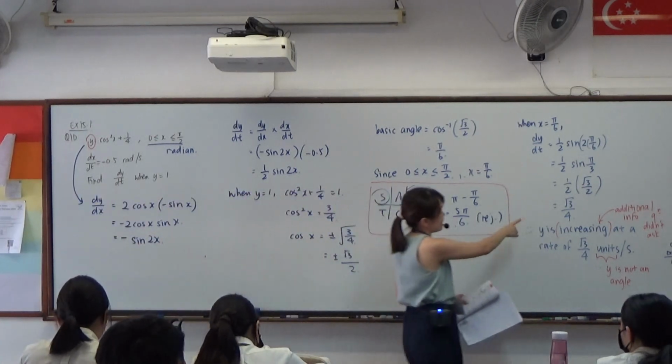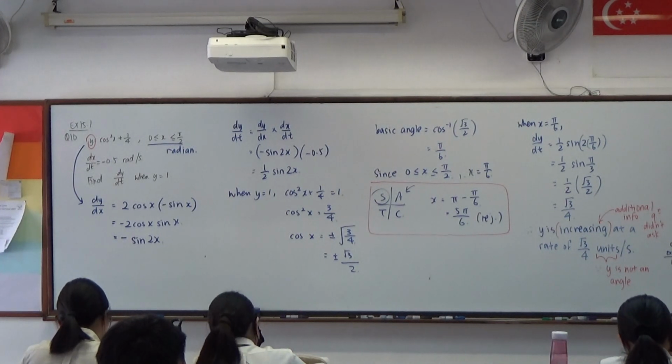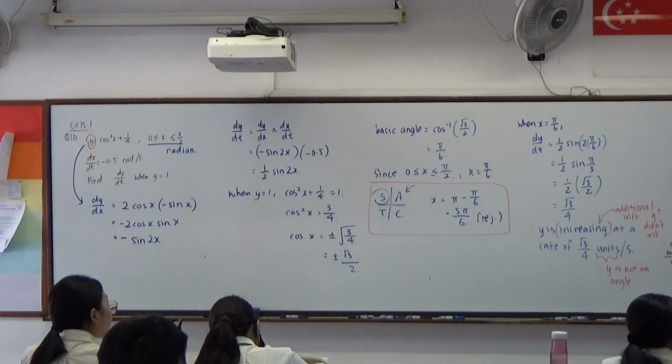In decimal, right? Okay. What is it in decimal? Square root 3 divided by 4, you get 0.433, which is perfectly fine. Okay, nothing wrong with it because the question didn't ask for exact value either.